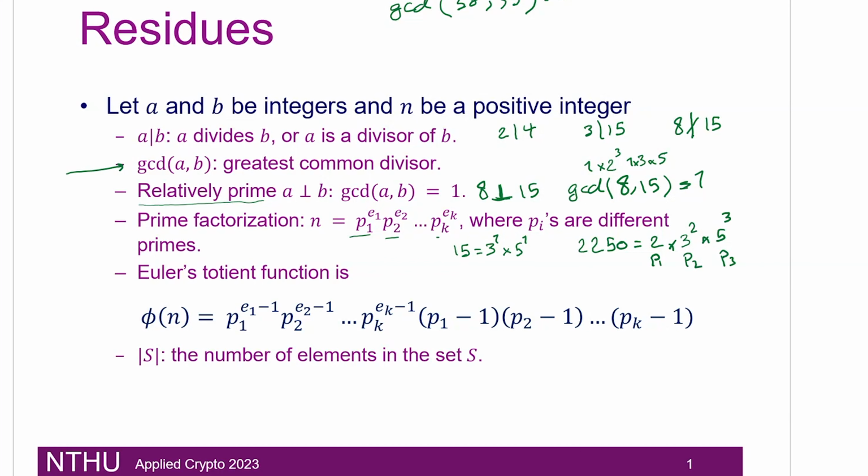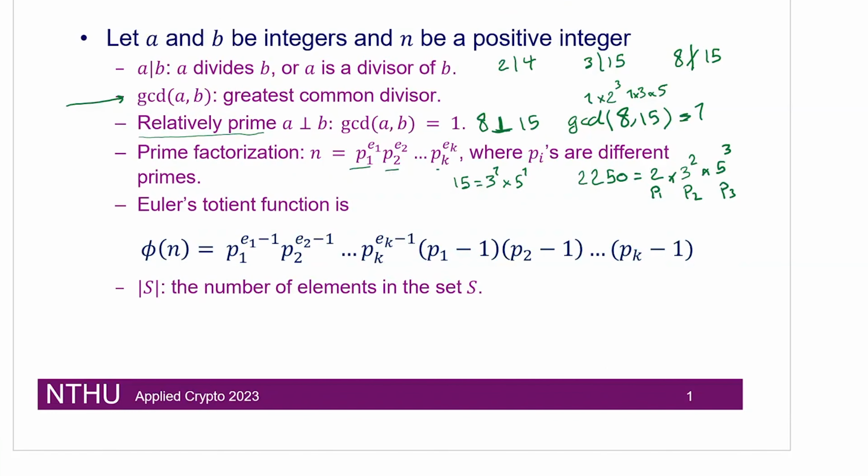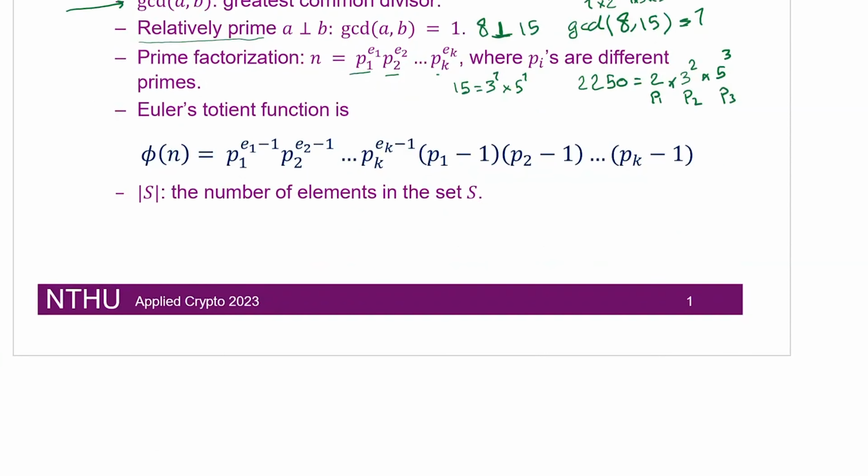So given that, we would end up with a very interesting function called the Euler function. In order to understand this function, let me give you some background. Suppose that I define a set called Sn, and the set Sn is all integers x such that x is between 1 and n, and x is co-prime to n.